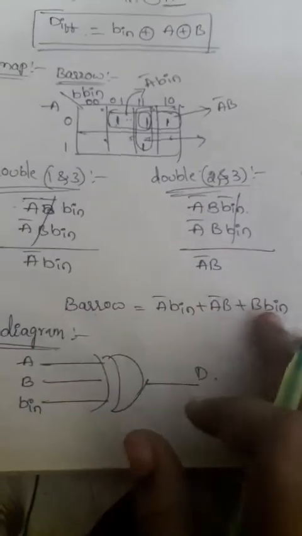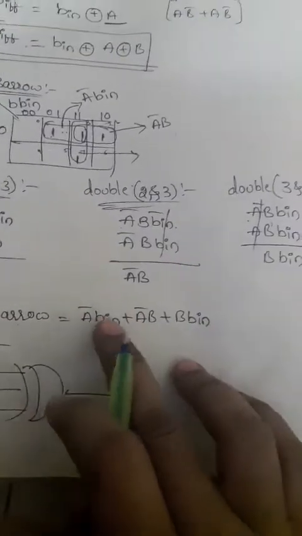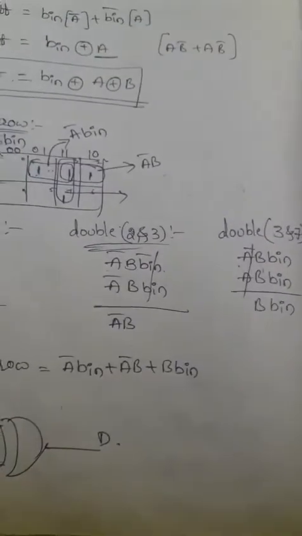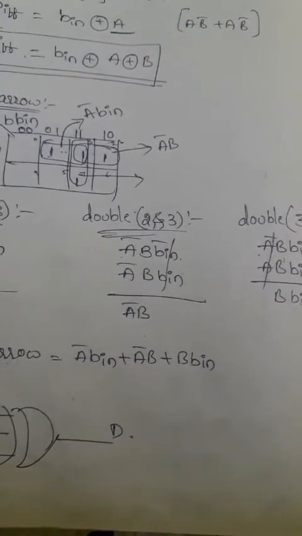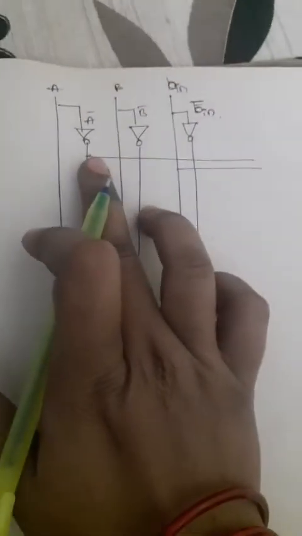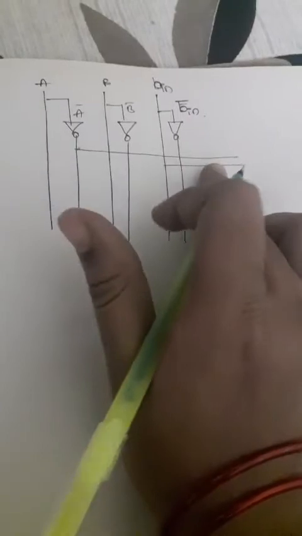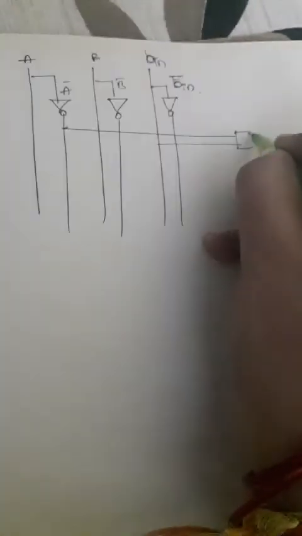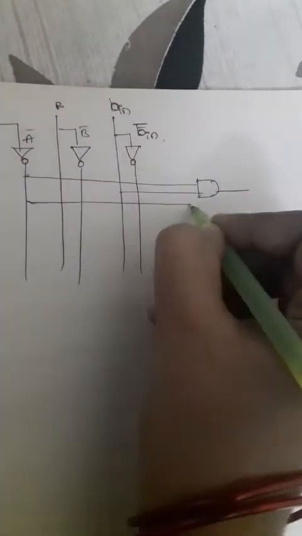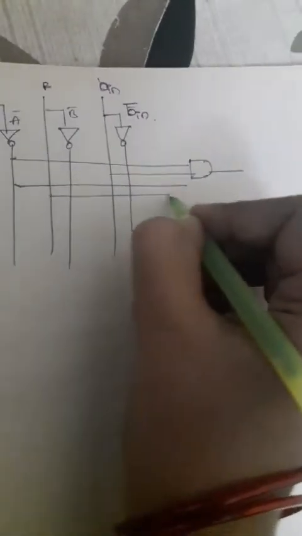So now coming to the borrow expression. The first one is A complement B in, like this. Between these two we'll have the dot product, so I can choose an AND gate. Now the second one, A bar and B, between these two we'll have another AND gate.